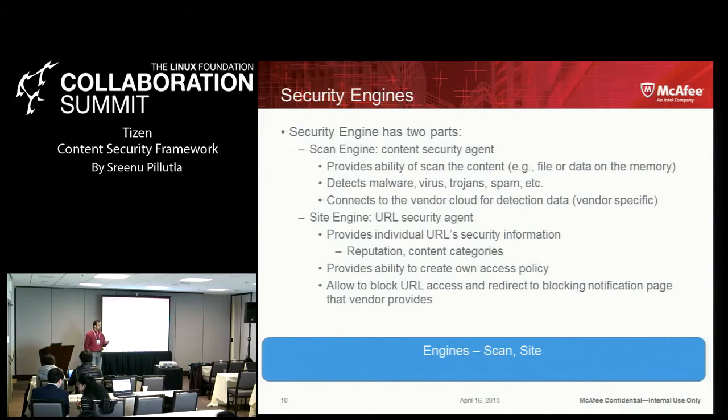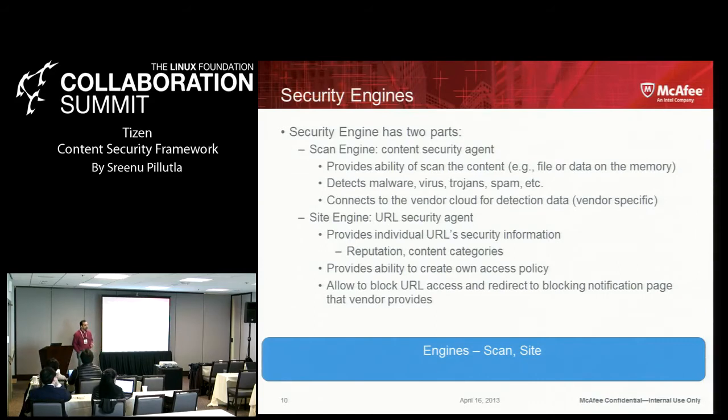Each vendor has their own specific implementation. The site engine is basically what I call a URL security agent. It provides information about the reputation of the URL, and based on the policy that you set, you can either block the URL or say this is a good URL and you can go ahead and browse.